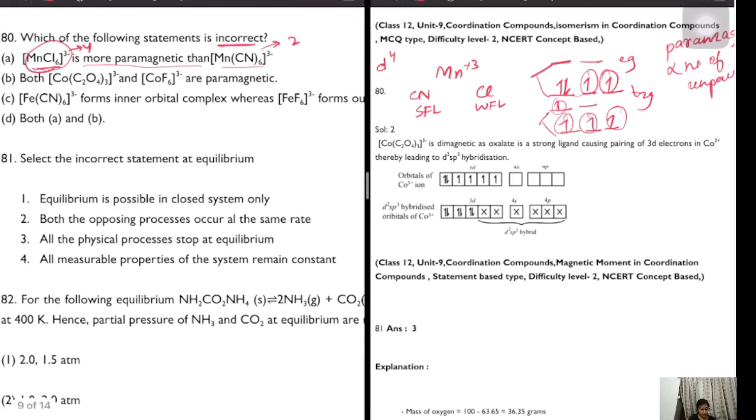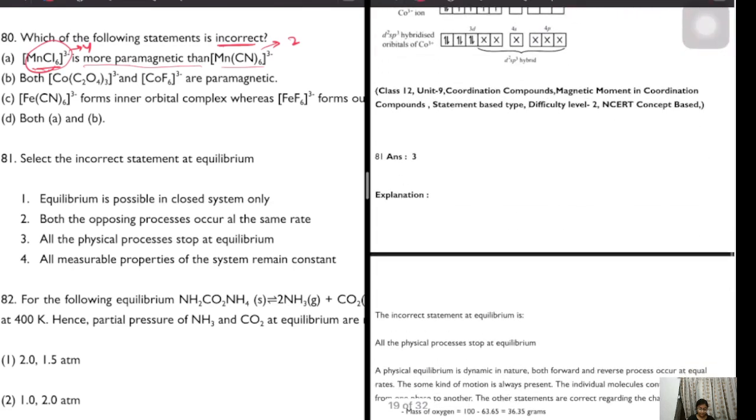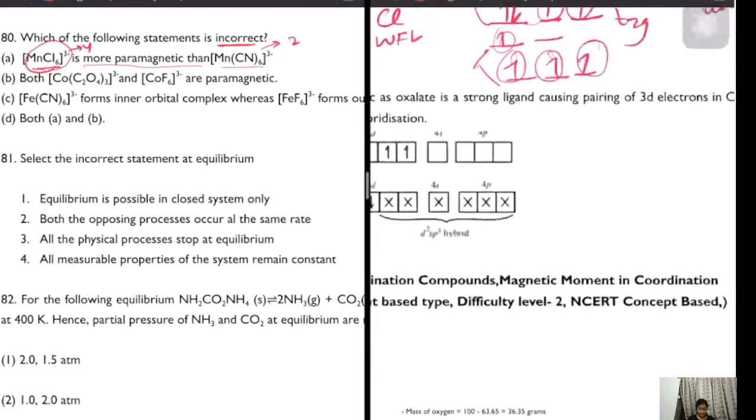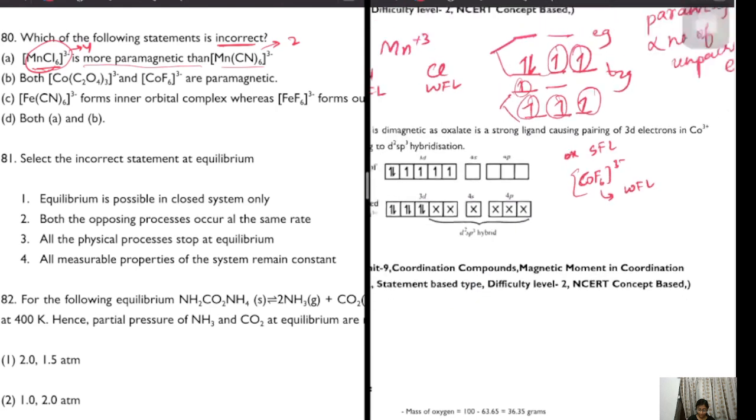Both Co(C2O4)3 3 negative and CoF6 3 negative are paramagnetic. Now see, oxalate is a strong field ligand, whereas in CoF6 3 negative, F is a weak field ligand.